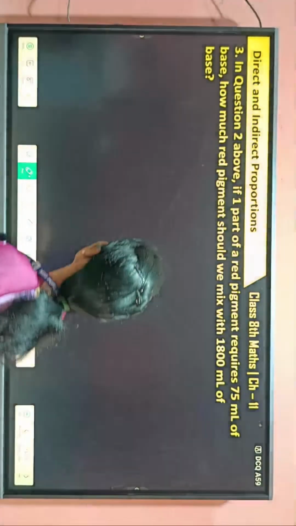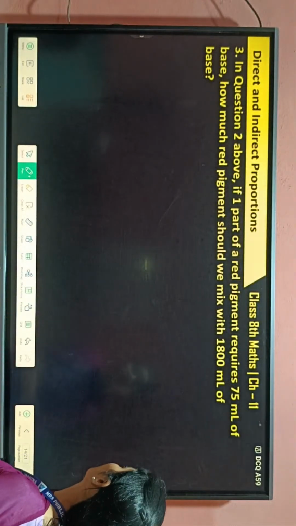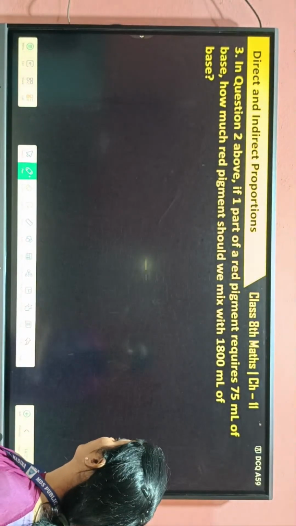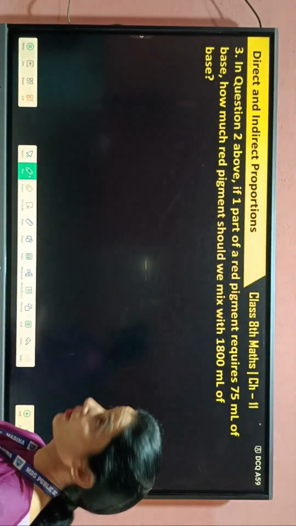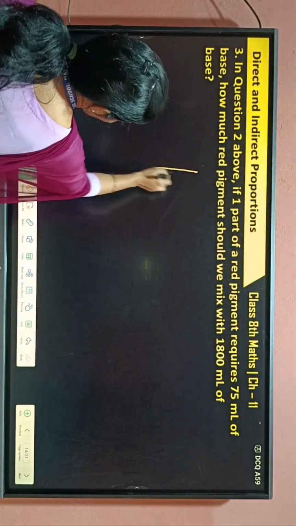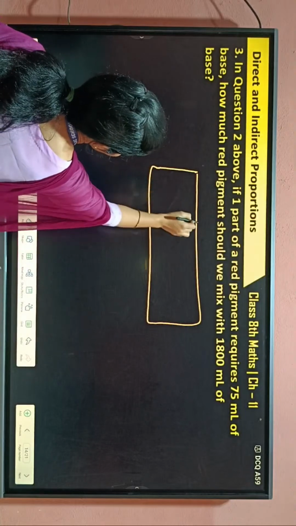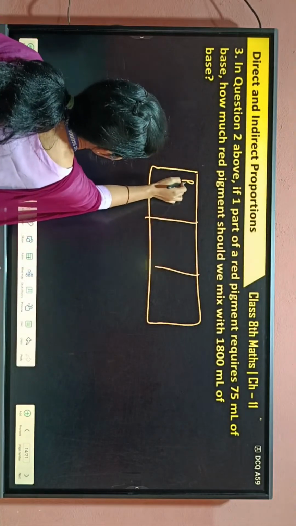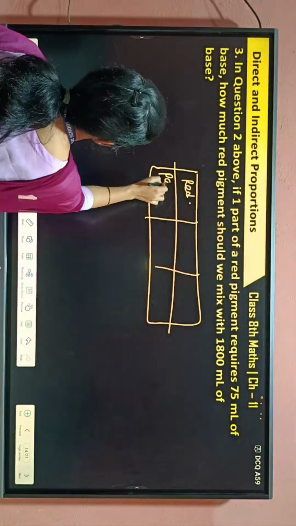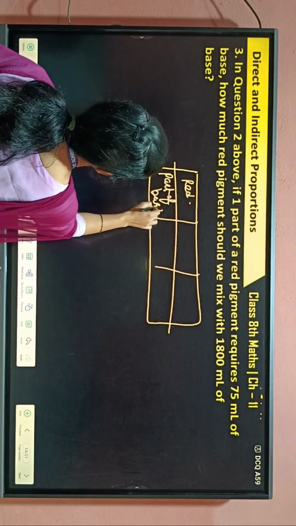In question number 2 above, if one part of red pigment requires 75 ml of base, how much red pigment should we mix with 1800 ml of base? This was red pigment, and what he is saying is red pigment and their part of base.